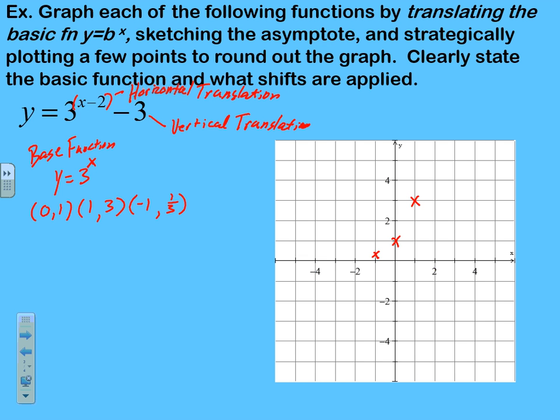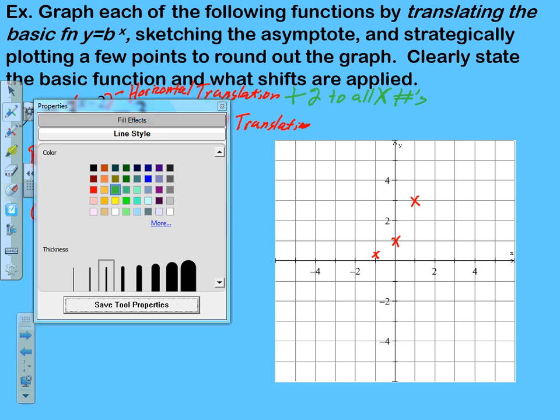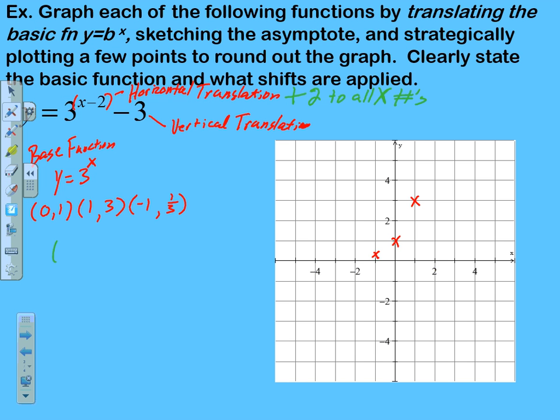So because it's saying move 2 spaces to the right, what we're going to do is add 2 to all x numbers. I'm going to add 2 to all of the x coordinates of my basic function. So we're going to take all of the x coordinates and add 2 to them.